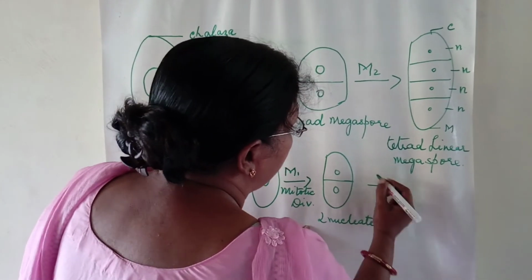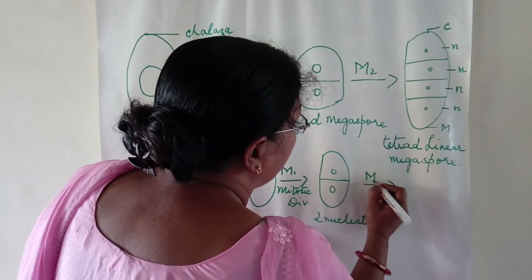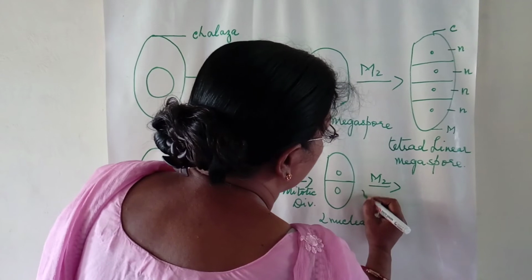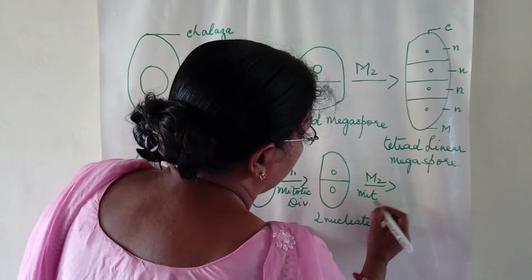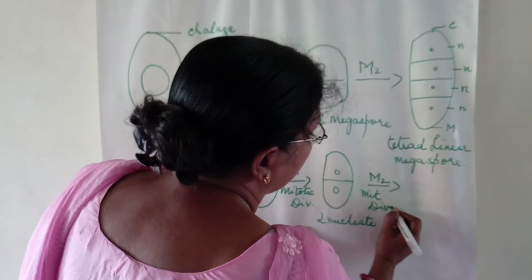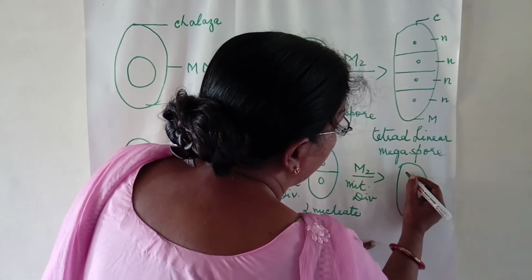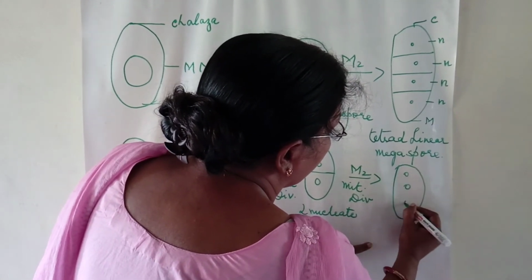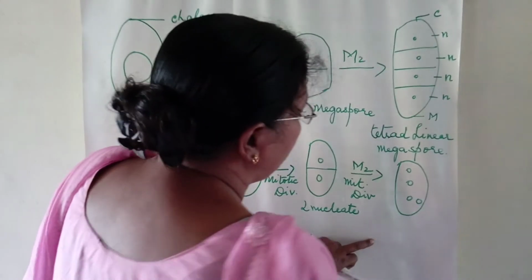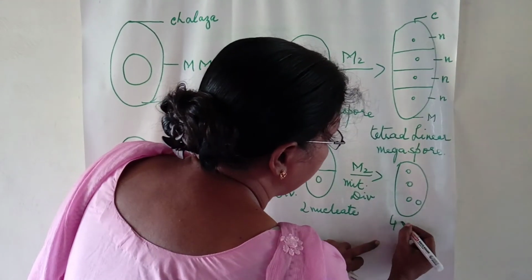Then a second mitotic division follows, where a four nucleate stage is made.